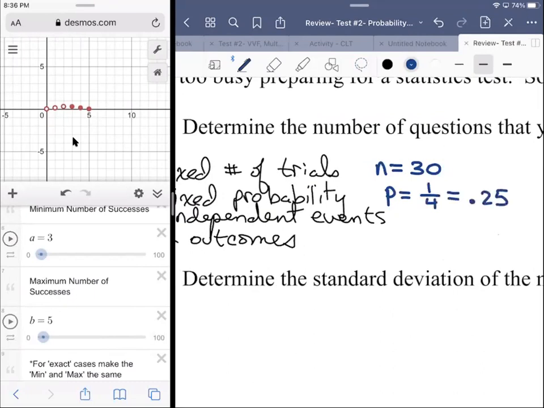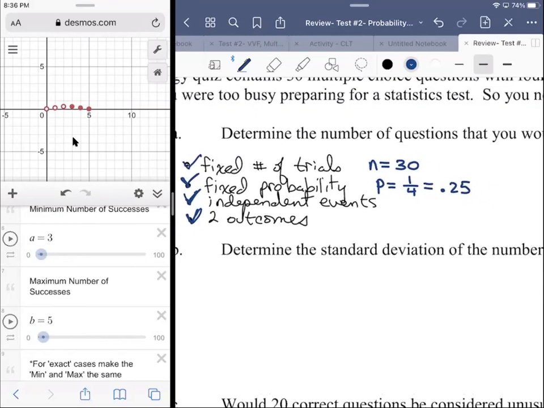Independent events. Now we have to make an assumption here, and that is that getting 1 question correct or incorrect is not going to have an impact on whether or not you get other questions correct. Common sense tells us that if you get a question right, it may be because you knew that material, and if another question is related to that concept, then you stand a better chance of getting that right.